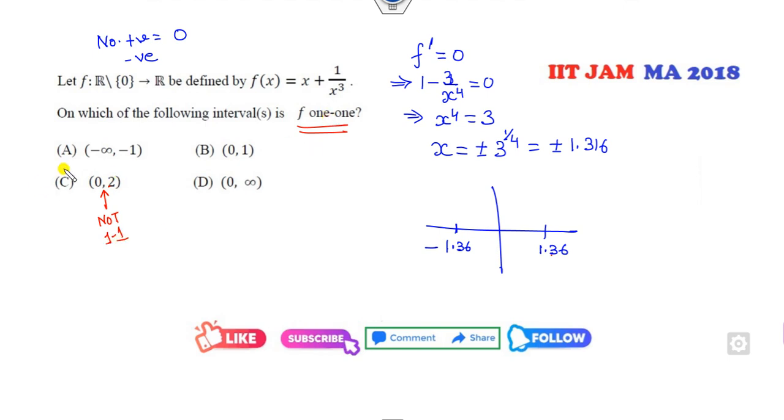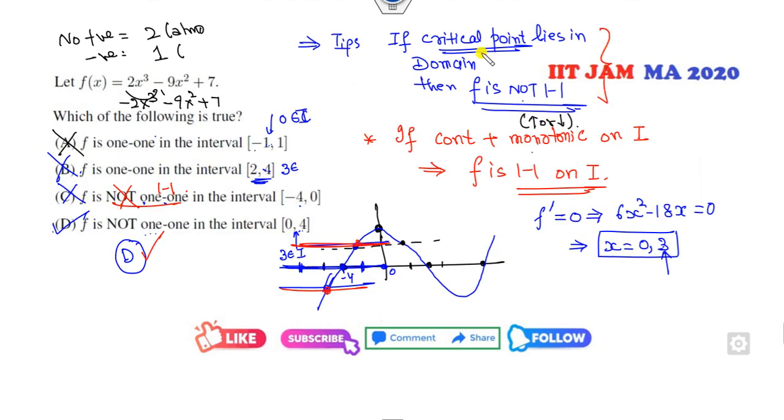But he said 1 1. Again, minus 1.36 lies in this domain, it is not 1 1. 1.36 lies in this domain, it is not 1 1. Both these critical points belong to this, so that is the right answer. So you can see it's very simple if you remember this shortcut trick: if the critical point lies in the domain, then it is not 1 1.